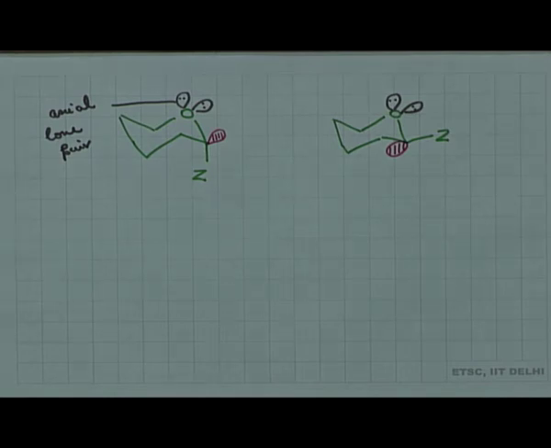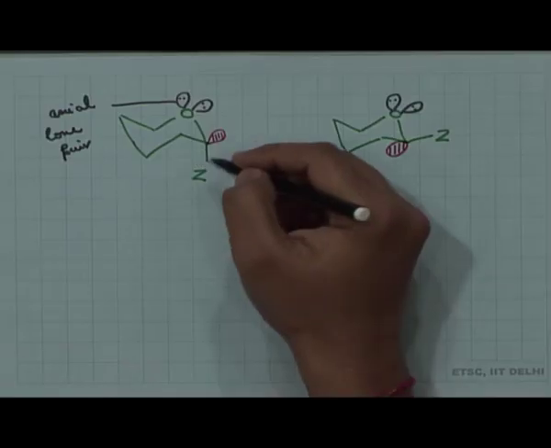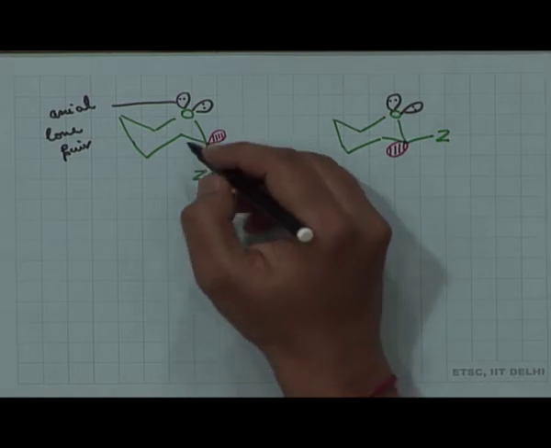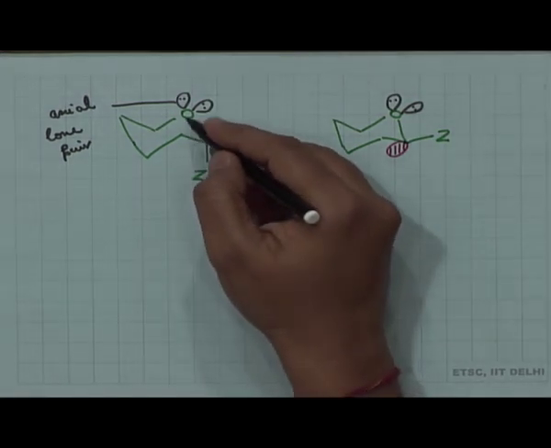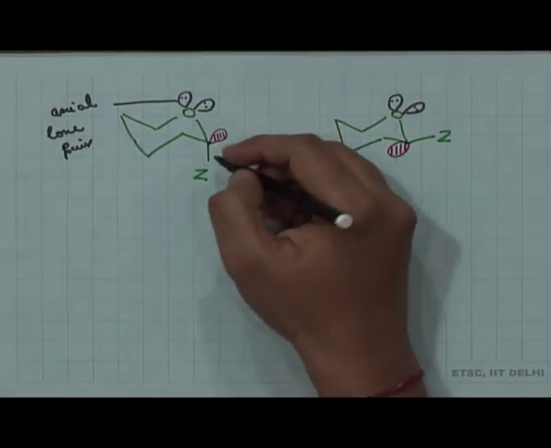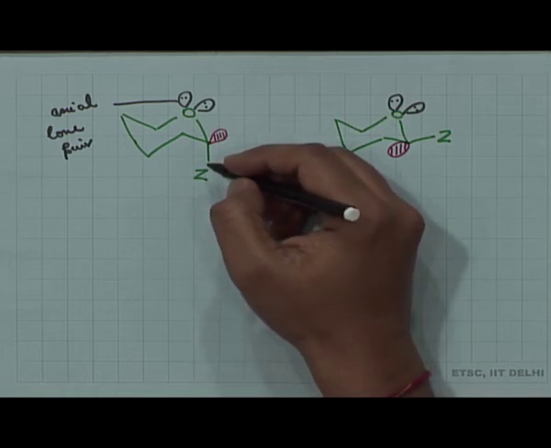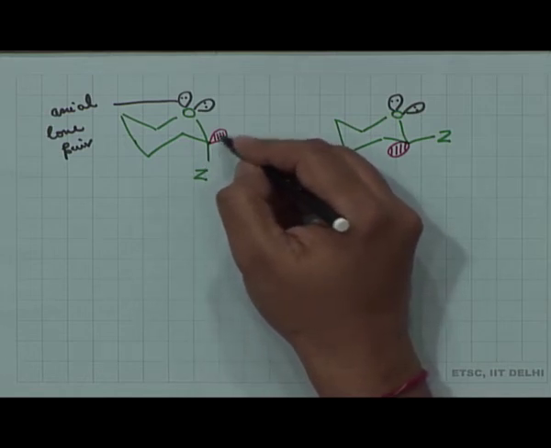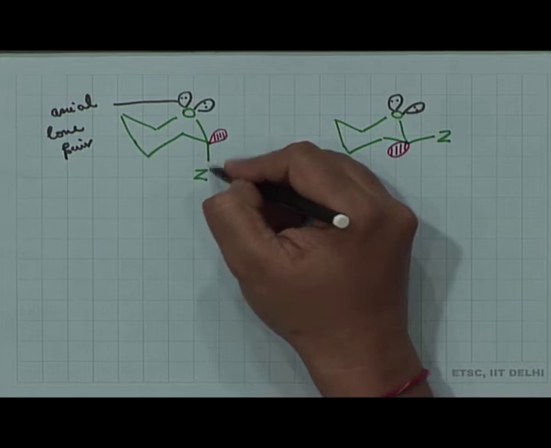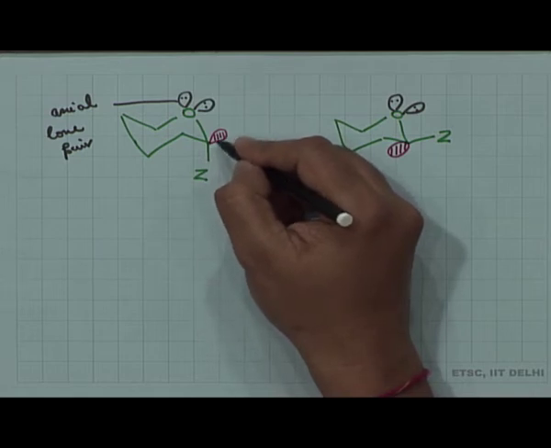Now, what is responsible for the anomeric effect? If the substituent is axial, one of the ring oxygen lone pairs is parallel to the anti-bonding orbital of this sigma bond, the C-X anti-bonding orbital.